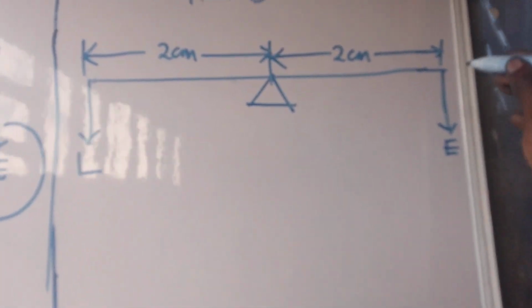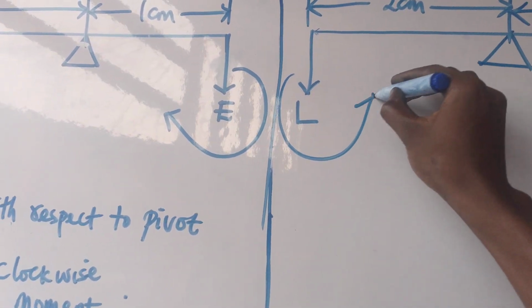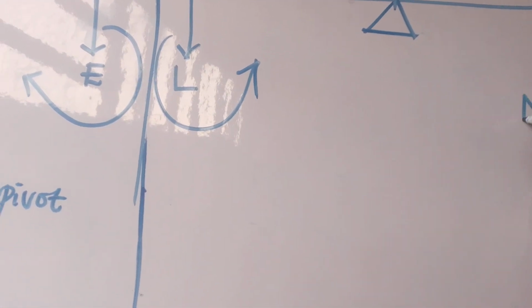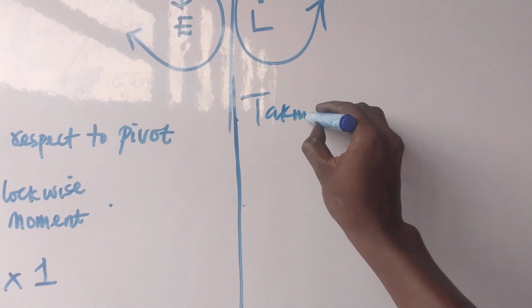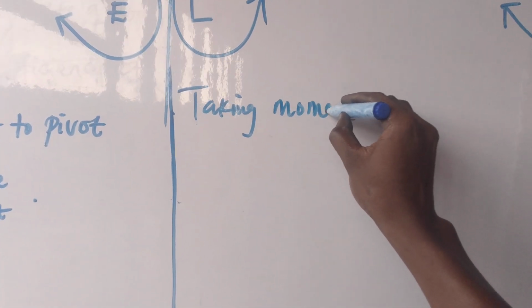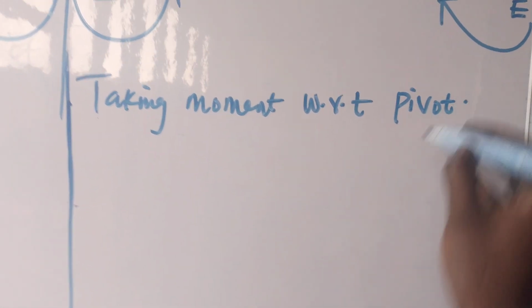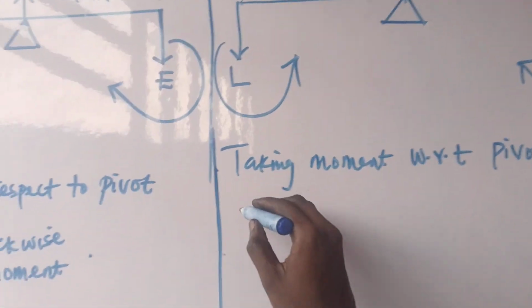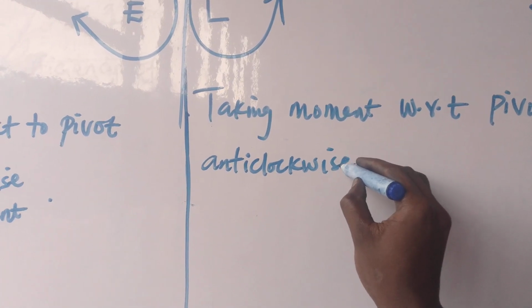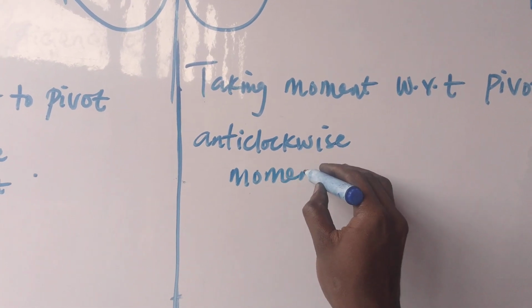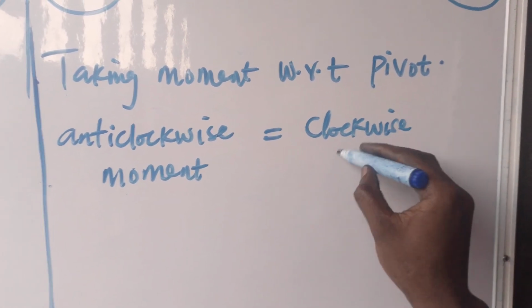So I then take moment with respect to the pivot. The anti-clockwise moment is equal to the clockwise moment.